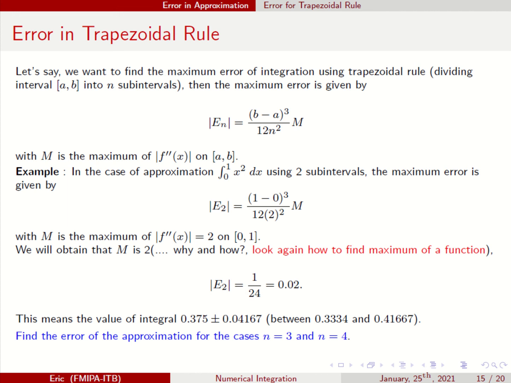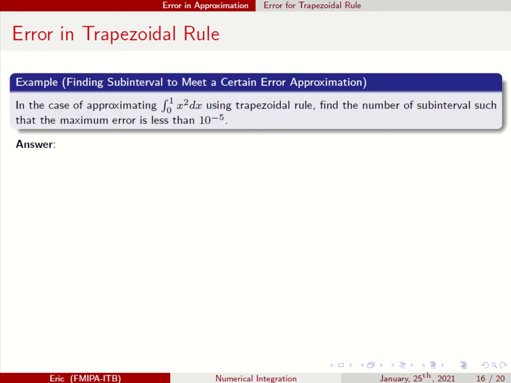Try to find the error of approximation for the case n equals 3 and for the case n equals 4. Then look at this example. In this case, we use the same trapezoidal rule, but the question is to find the number of subintervals such that the maximum error is less than 10 to the power of minus 5, that is 0.00001.